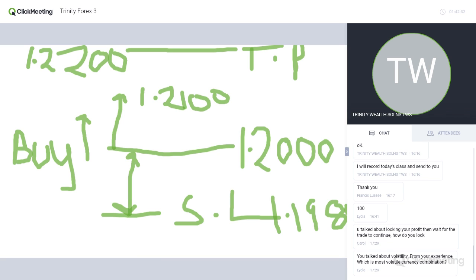This market can actually reverse without hitting your take profit. So the moment the market moves in your profit and you see it struggling, you move your stop loss to somewhere here. You've now moved it from 1.1980 to 1.2080.